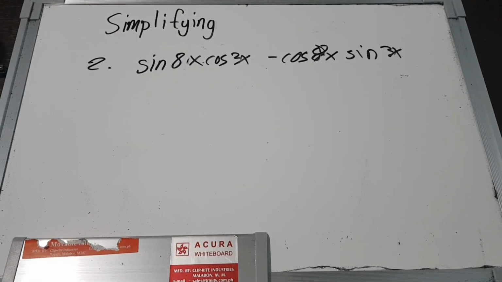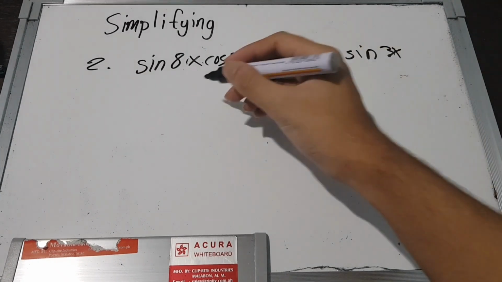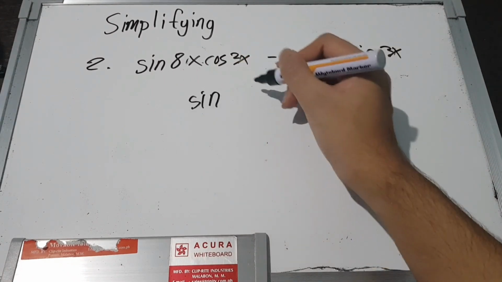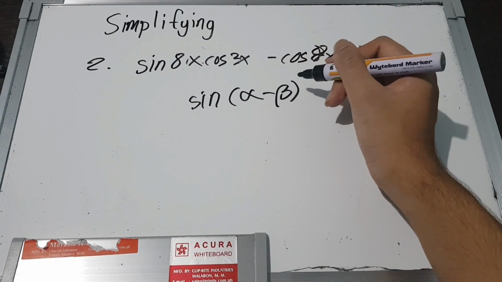Simplifying. In this example, sine 8x cosine 3x minus cosine 8x sine 3x, we could simplify this by looking for the trigonometric identity that has the same pattern. In this case, it is sine alpha minus beta.